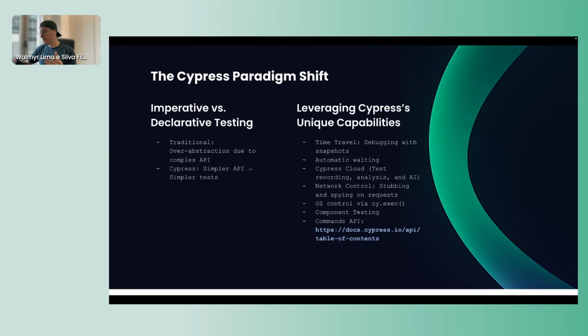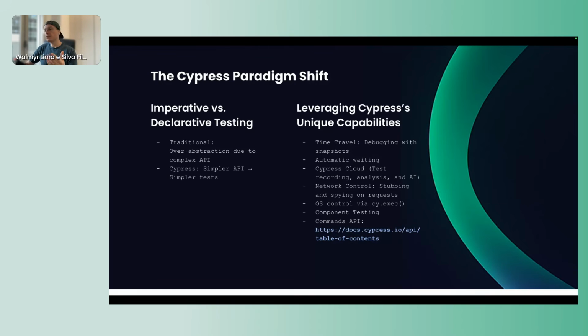And when I'm saying APIs, I'm not talking about REST APIs. I'm talking about the functionalities that the framework offers. Because they didn't have a very easy to understand API, I had to create my own abstractions to make the tests that I'm writing with a specific framework easy to understand. While Cypress already has a simpler API.